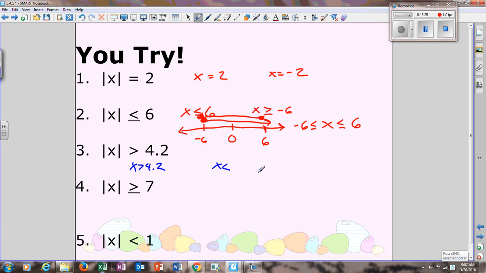Now if we graph this, if you don't know already, that's 4.2 there, and negative 4.2, just graph it. Open circle going this direction, open circle going that direction. That makes this an OR question.